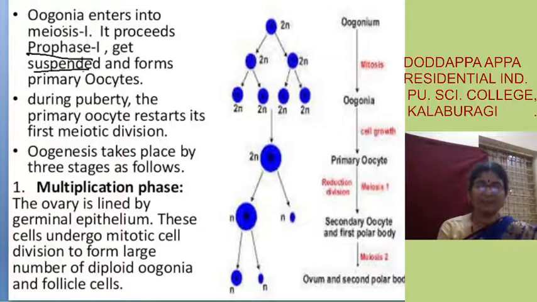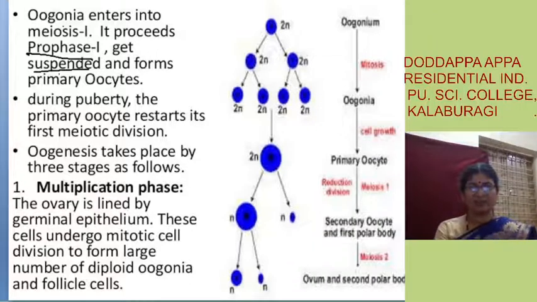So when a female baby is born, in its ovary millions of oogonial cells will be there, and they are all at meiosis 1 stage, at prophase 1. They got arrested there only. Further division will take place after the attainment of puberty. I mean, well, the child will become 11 to 12 years. It is not exactly at this age.